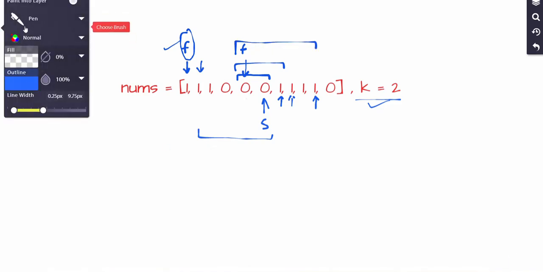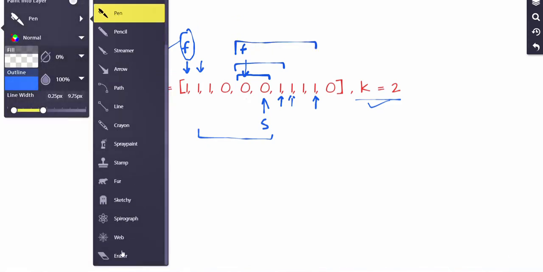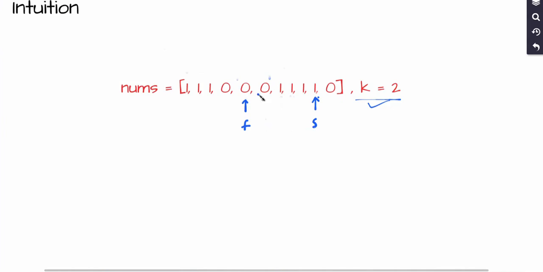Fine. So let me point out what is the current window. Okay, so this is my current window on which I am standing, and the size of this window is 5, and this is a valid one. That means I can have 5 consecutive ones if I flip these 2 zeros by using this capacity.